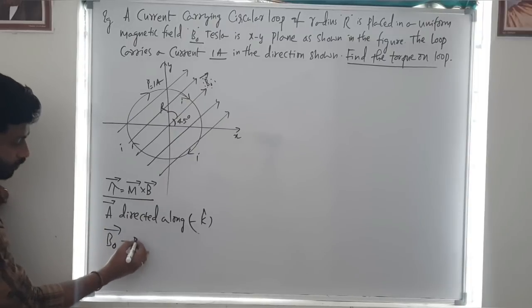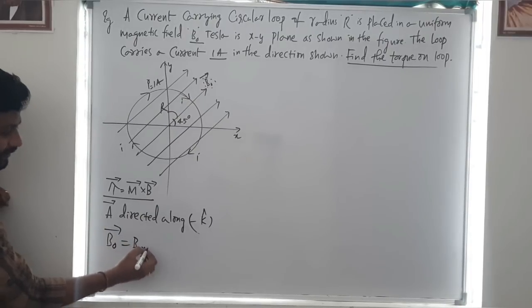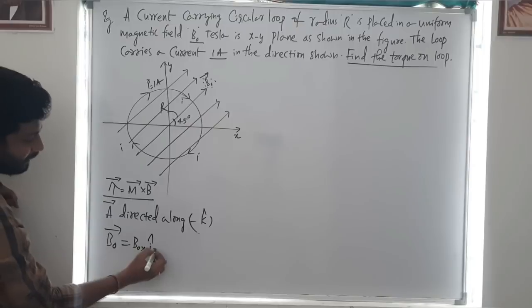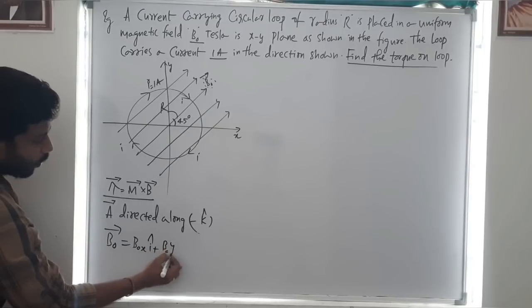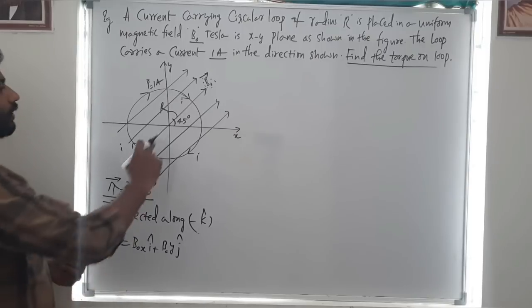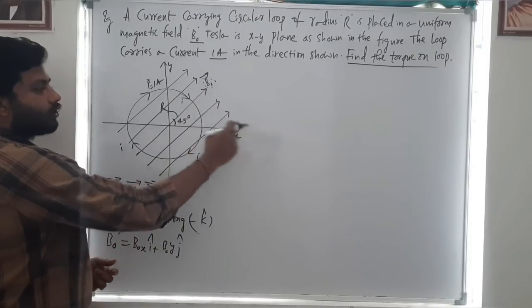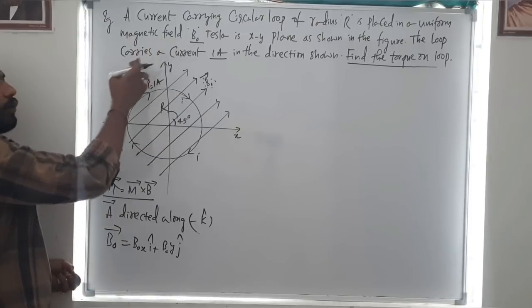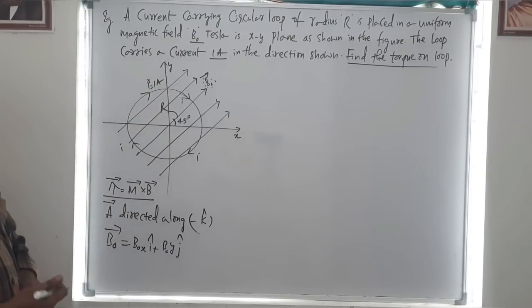I can write here B naught x into i cap plus B naught y into j cap. What is B naught x? The x component will be B naught cos theta, and the y component is B naught sin theta. That also you can write.